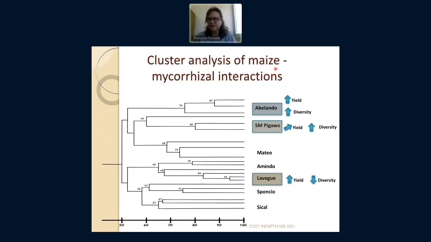A cluster analysis of maize mycorrhizal interactions showed that it is possible to combine microbial AMF diversity with high yields, but in some cases, higher yields are associated with lower diversity.